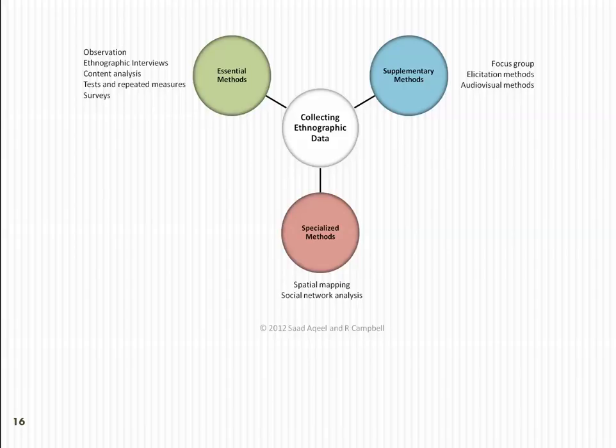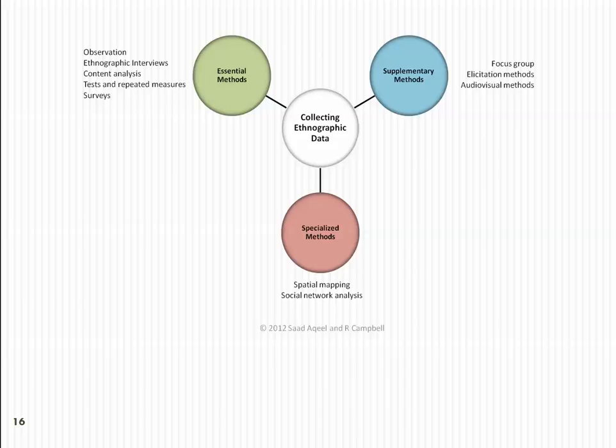Some kind of tests and repeated measures are also done, as well as surveys. There are supplementary methods on the upper right, which would be conducting focus groups, and elicitation methods where you would ask members of the group particular questions where you're trying to get their thinking about a particular issue. And of course, audio-visual methods, audio and photograph, etc.